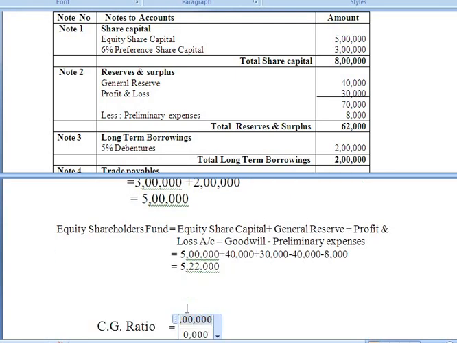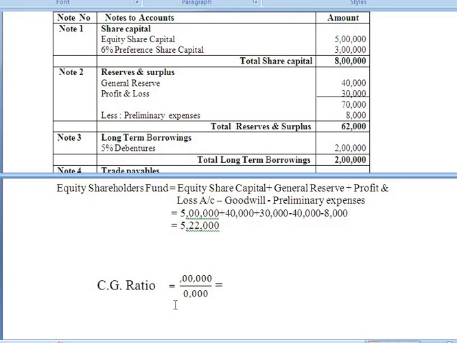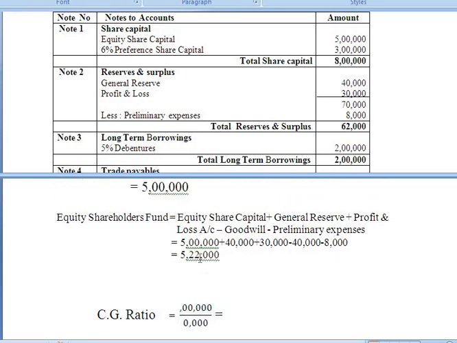Okay, now put both the values into the formula. Therefore, capital gearing ratio is equal to, what is the amount of fixed interest and dividend bearing funds? It is 5 lakh. So 5 lakh divided by equity shareholders fund, how much? 5 lakh 22,000.